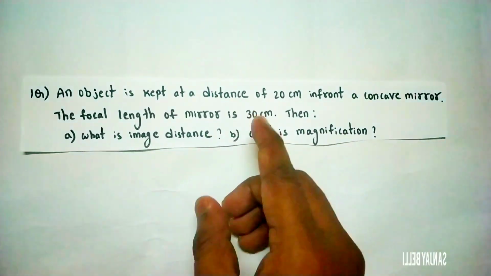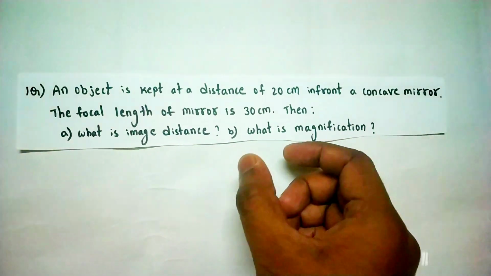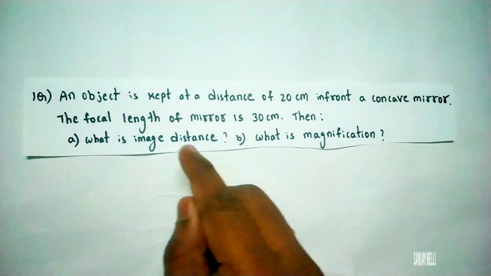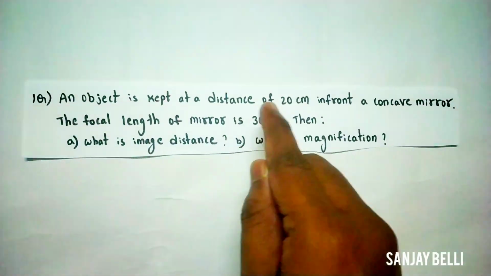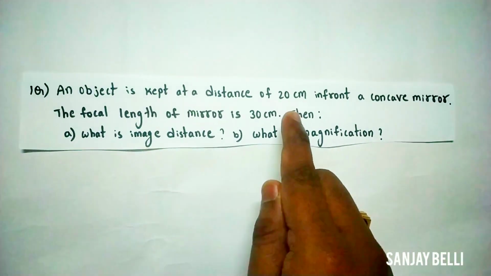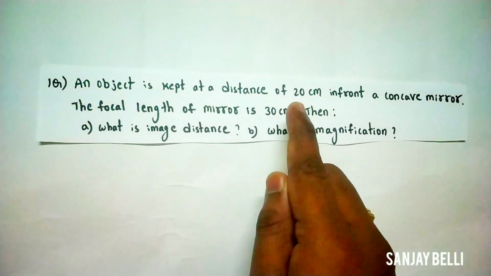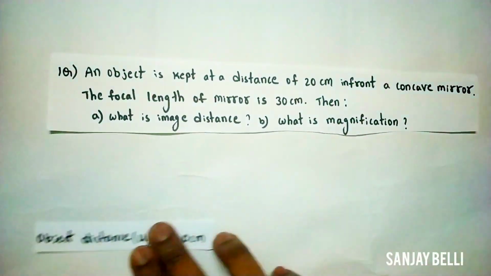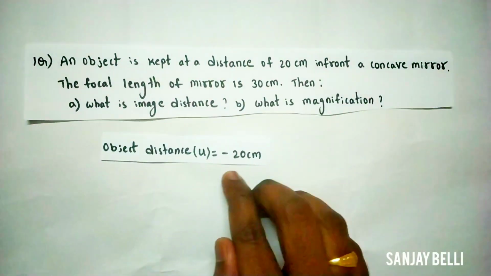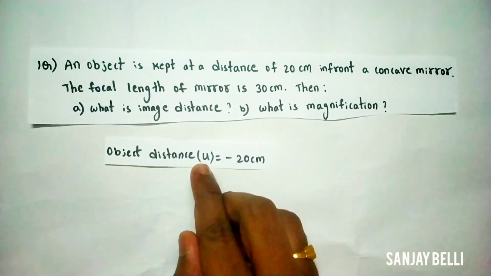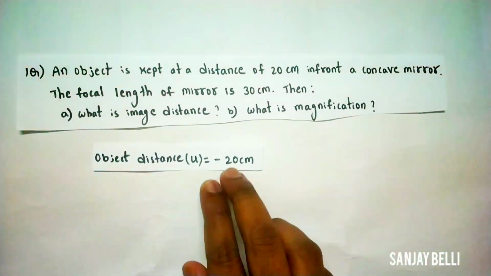So first observe what is the given data present in your problem. An object is kept at a distance of 20 centimeters, that means it was given an object distance. Object distance is denoted with a letter U, so U equals to minus 20.